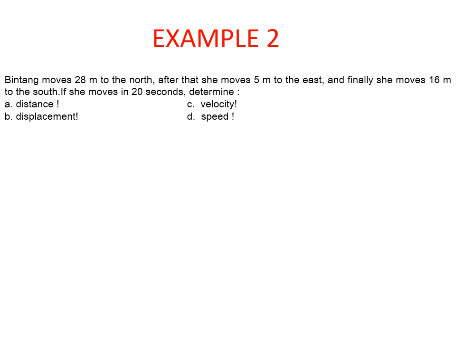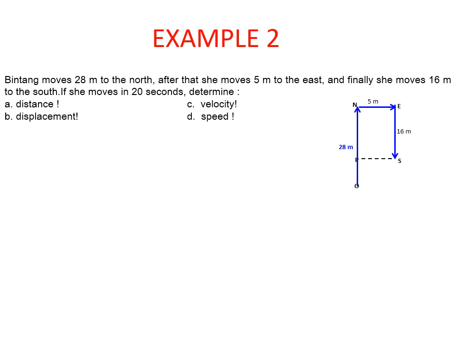To understand about distance and displacement, first we have to draw the path taken by Bintang. The path is shown by the blue arrow: 28 meters to the north, 5 meters to the east, and 16 meters to the south.